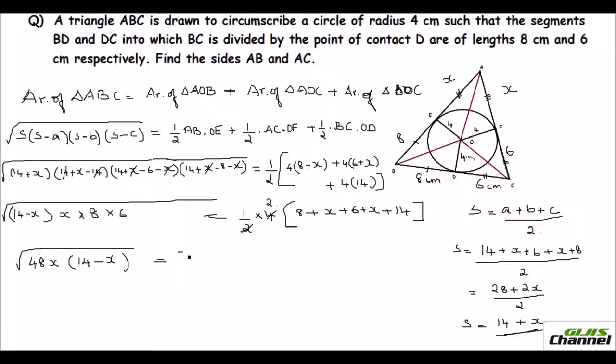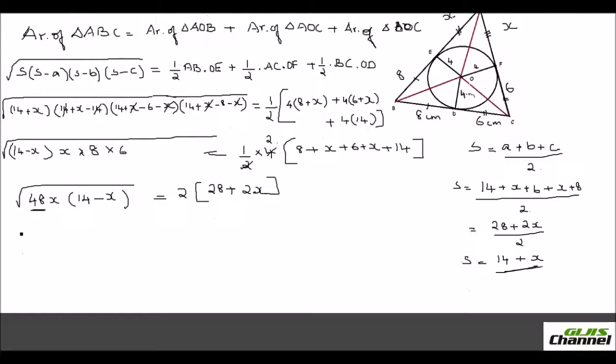Equals this side, it is 2 times, within the brackets, 28 plus 2x. So for the 48, if I take the square root out, I can take 16 times 3 is 48, right? For the 16 I can take the 4 out and you have the square root of 3x times 14 plus x.